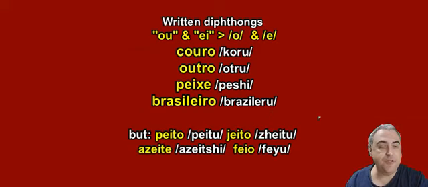Another interesting feature in Brazilian pronunciation relative to spelling is that the diphthongs that are spelled as diphthongs, OU and EI, are in colloquial speech pronounced like individual simple vowels. So OU is pronounced O, and EI, except for a few cases, is pronounced E. So the word that is spelled couro, meaning leather, is pronounced couro and not couro.